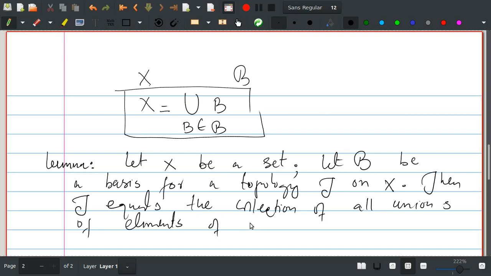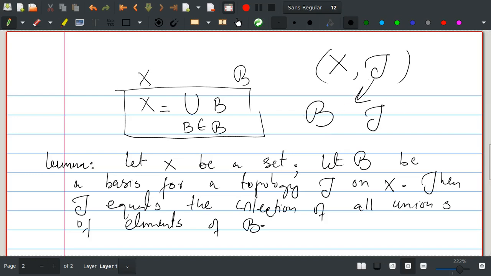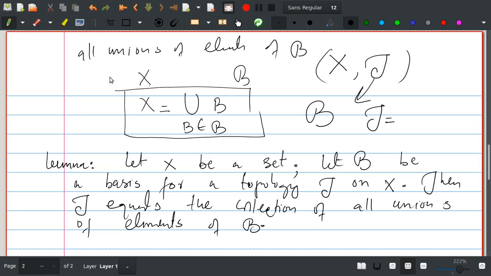So what this means is that we have been given X as a set and T is a topology on X, and this topology is generated by B. Then what we have to prove is that this T is actually equal to the collection of all unions of elements of B. Now there is this term, all unions of elements of B. So what do we mean by this?